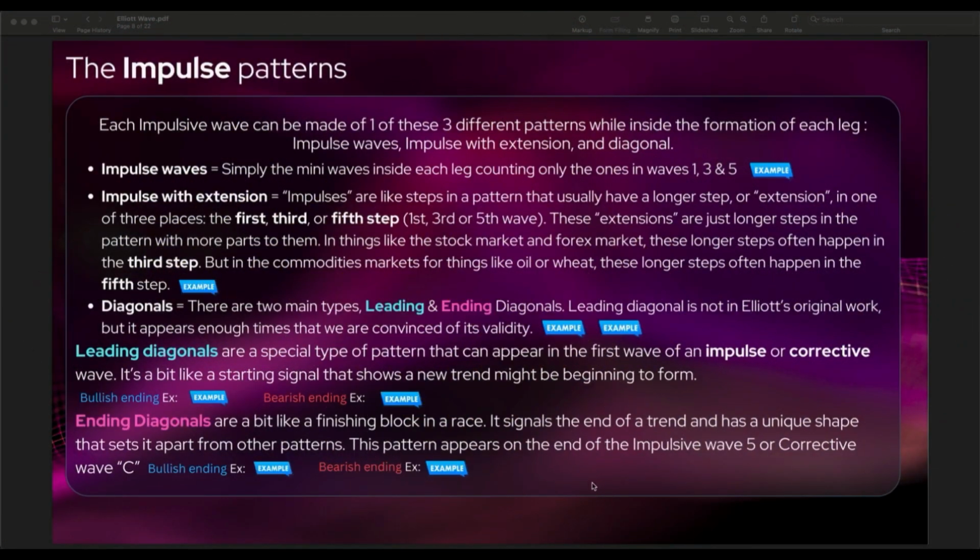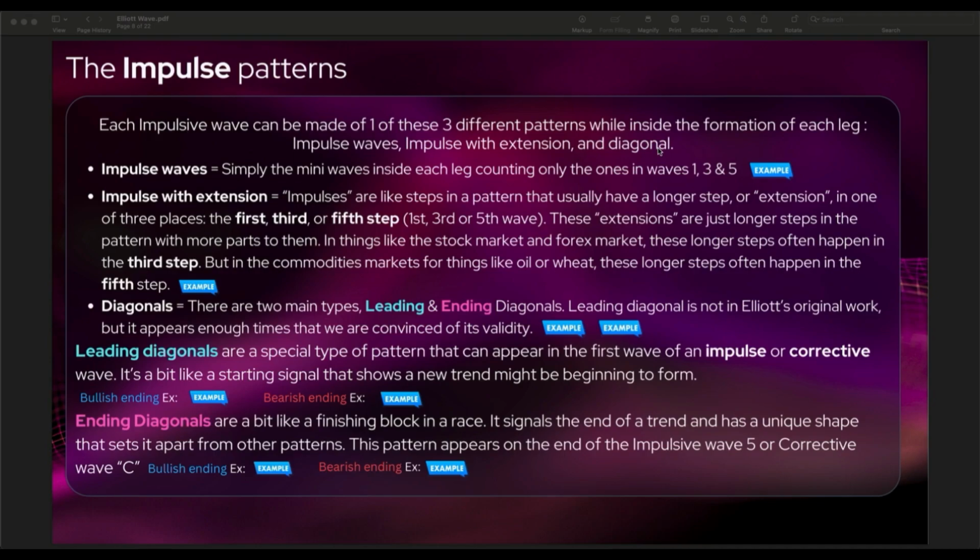So, the impulse patterns. Each impulsive wave can be made of one of these three different patterns, while inside the formation of each leg: impulsive waves, impulsive with extension, and diagonal. Now, I won't be going too extensive in terms of every exact little tiny detail of the waves.